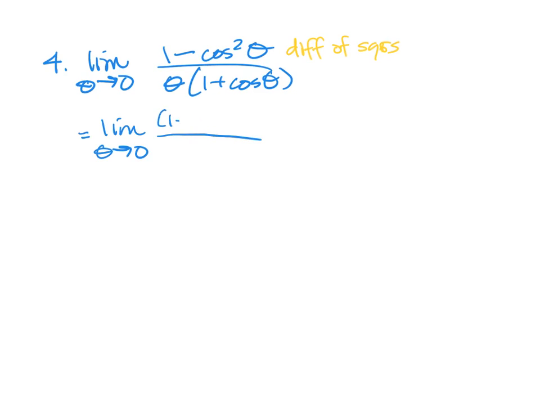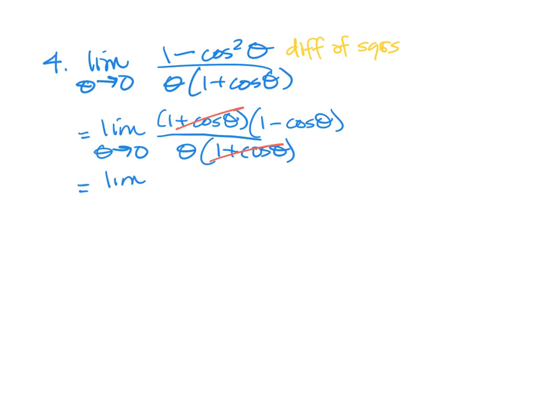So remember, it's those conjugates. 1 plus cosine theta, 1 minus cosine theta, all over theta, 1 plus cosine theta. So if you recognize, this can go to 1, and what we are left with is the limit as theta goes to 0 of 1 minus cosine theta all over theta.